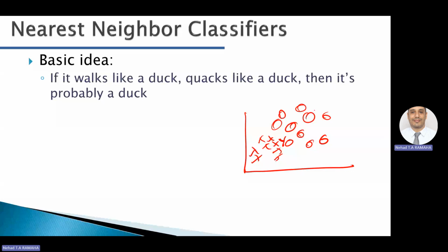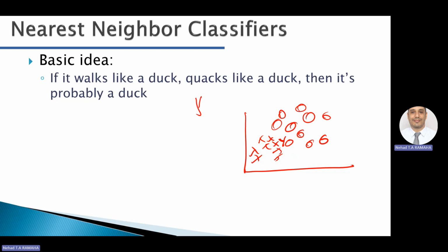Does it belong to this class, O class, or circle class, or X class? We need to calculate the distance between this new data and the other data. This is the first issue, and then depend on how many are close to it, out of the whole data.